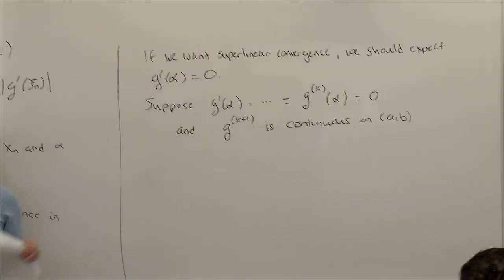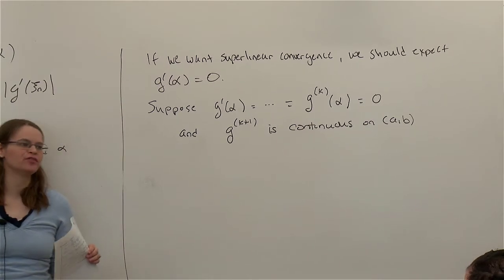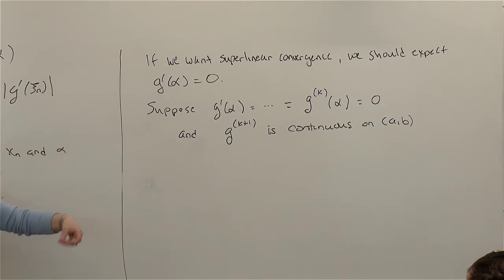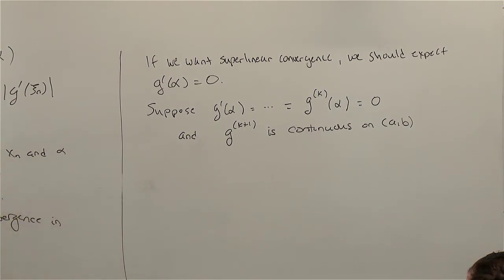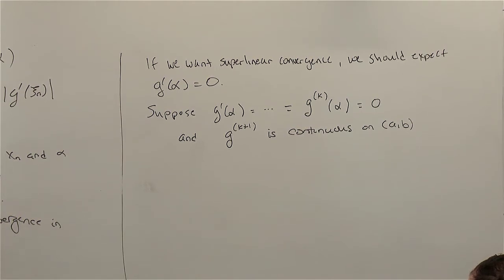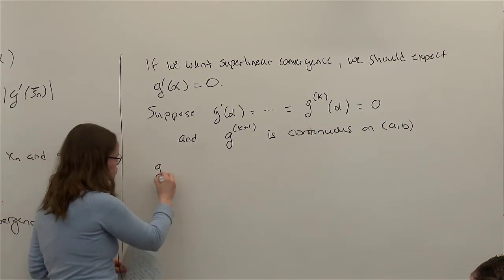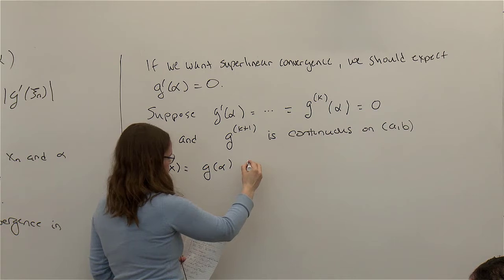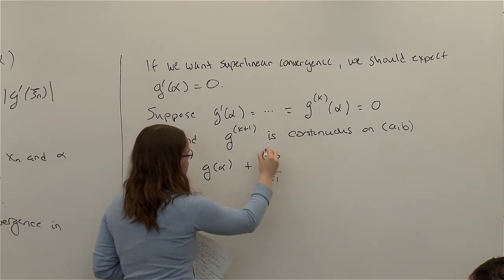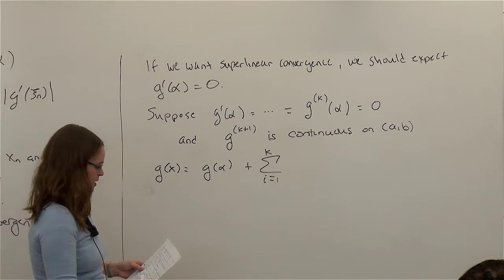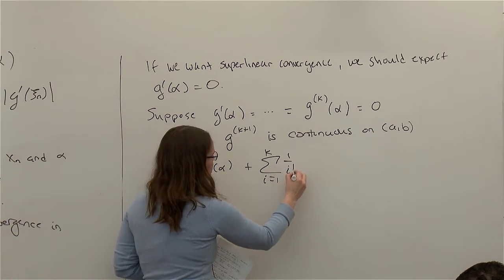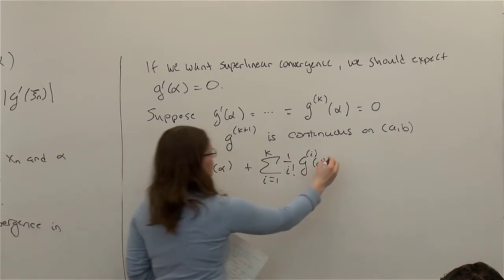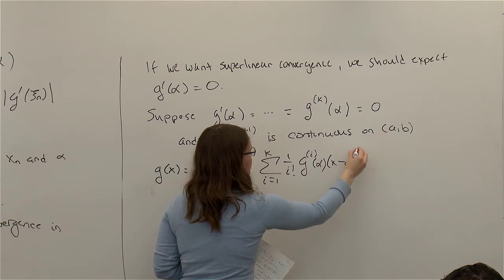Before, people suggested different things that were equivalent, like the linearized mean value theorem, to get this problem in terms of the derivative. The generalization of all of that is that we're going to use Taylor's theorem to bring in these higher derivatives. So we do our kth order Taylor expansion: the sum of 1 over i factorial, the ith derivative at alpha, times x minus alpha to the ith power.